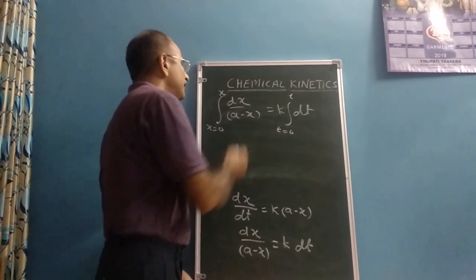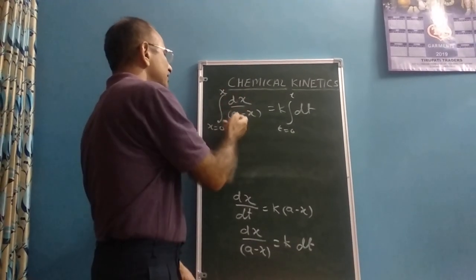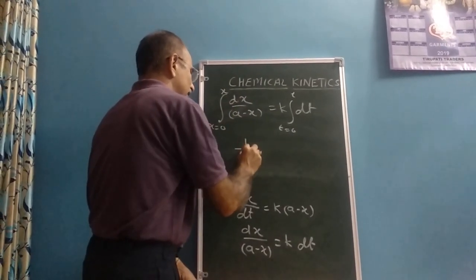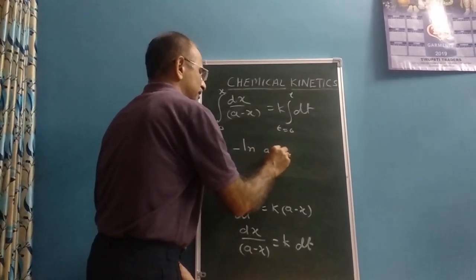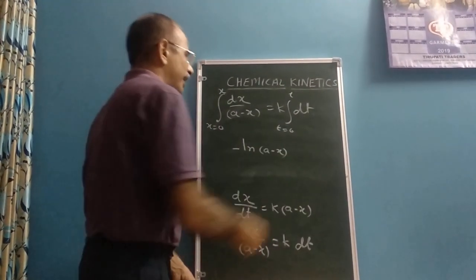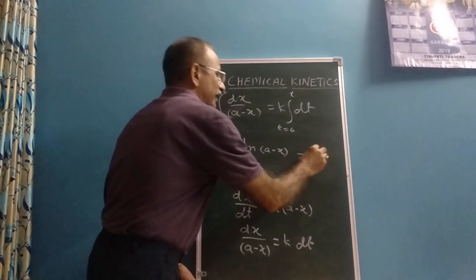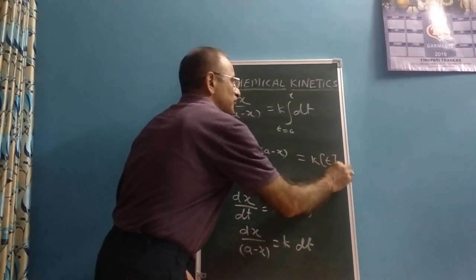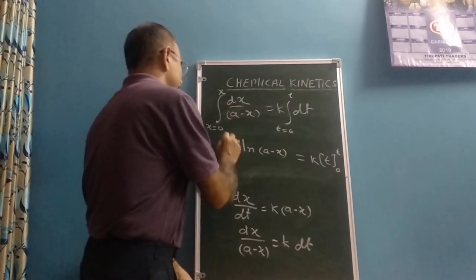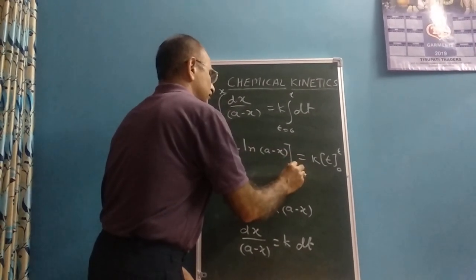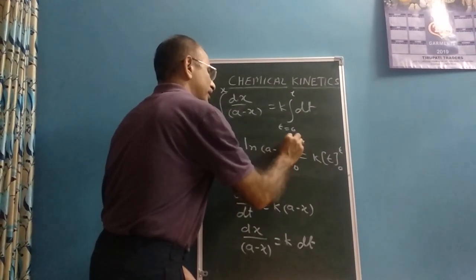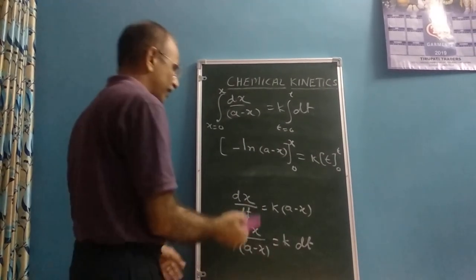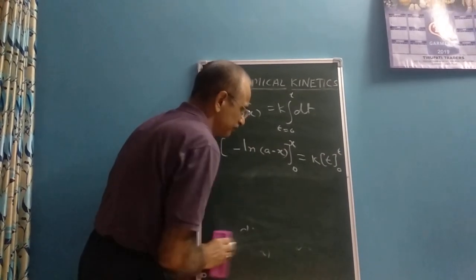After integrating, we have dx by A minus x as minus log of A minus x, and kt, with limits from 0 to t for time, and from x equal to 0 to x equal to x. Now we have to solve it.